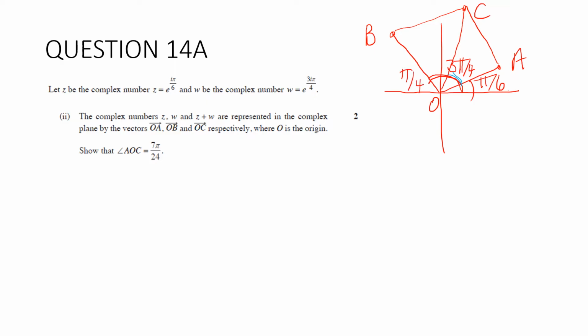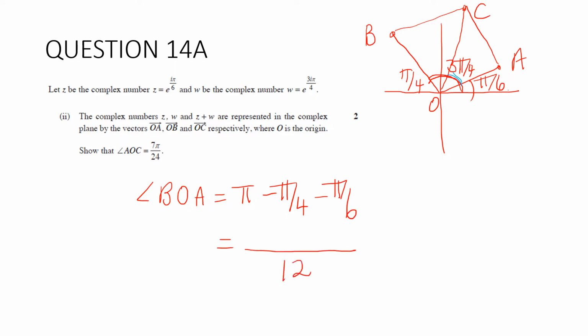And so angle BOA must be pi, take pi on 4, take pi on 6, which is equal to 12 pi take 3 pi take 2 pi, which is 7 pi on 12.